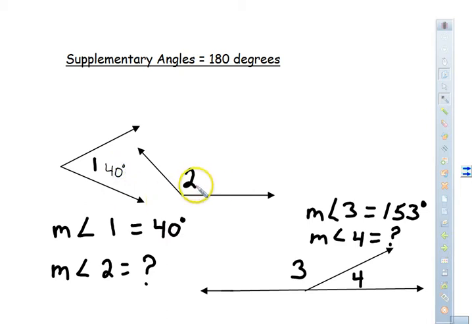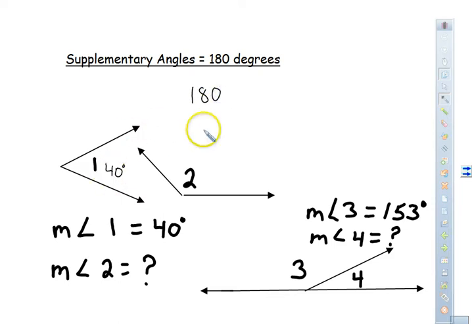The supplementary angle to this is going to have to equal 180 degrees when you add the two together. You can do it a couple different ways. The best way is to simply find the difference. Since we know that angle 2 and angle 1 added together have to equal 180 degrees, we're going to take the difference.